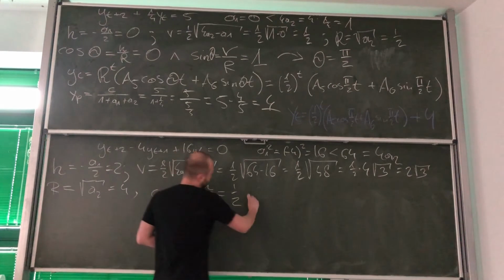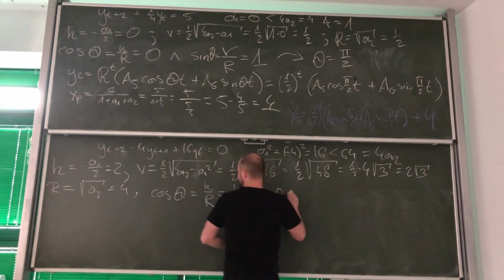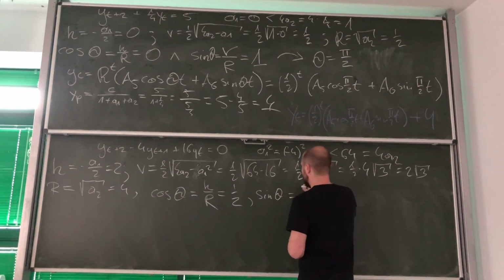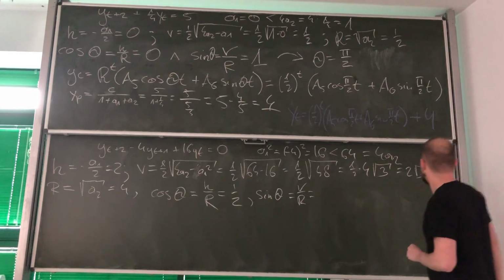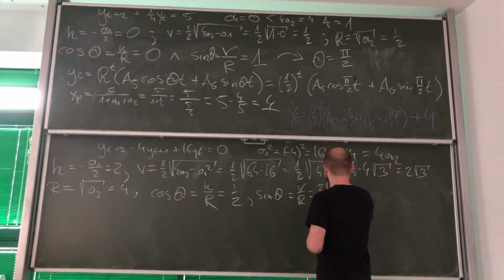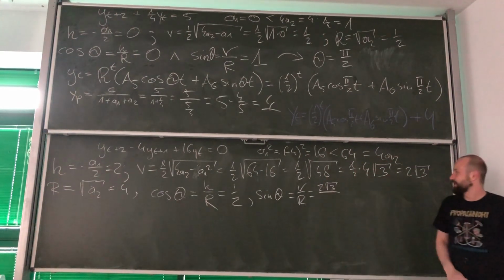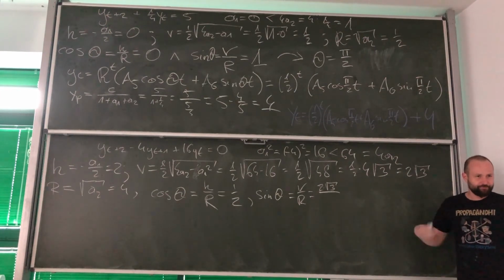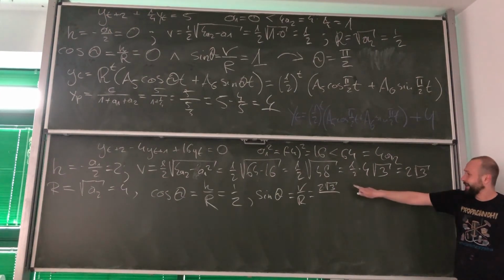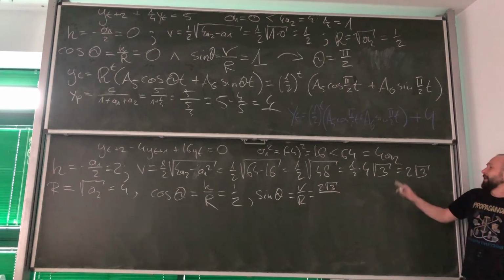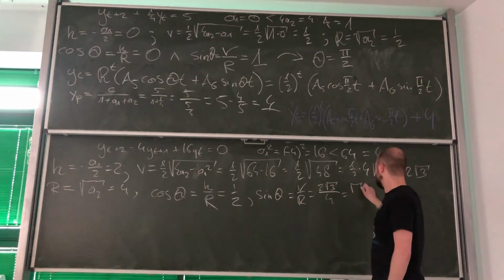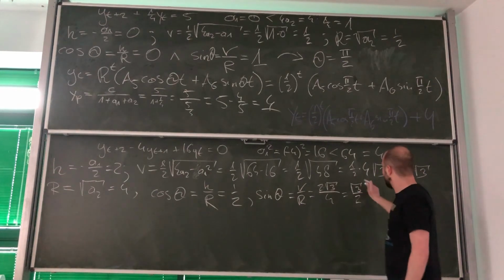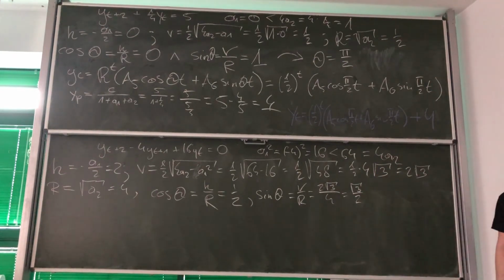Then we get that sine theta is v over r, right? We know that v is 2 square root of 3, over 4, which would give us square root of 3 over 2.